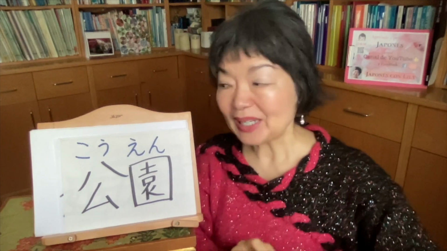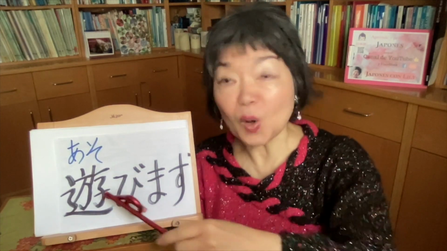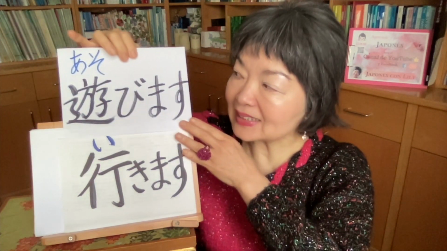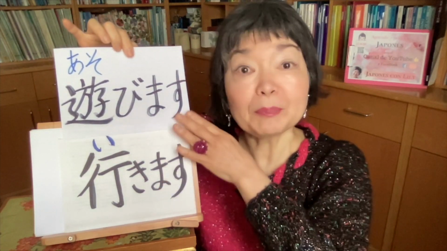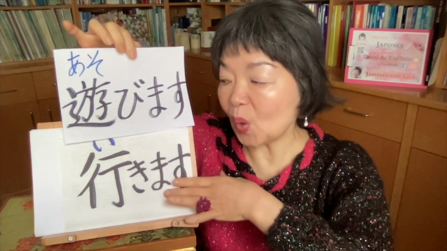Can I go to a park to play? 公園, park. 遊びます, to play, but this is the purpose. And 行きます, the verb to go. And in this case, 遊びに行きます, to go, the purpose is to play.